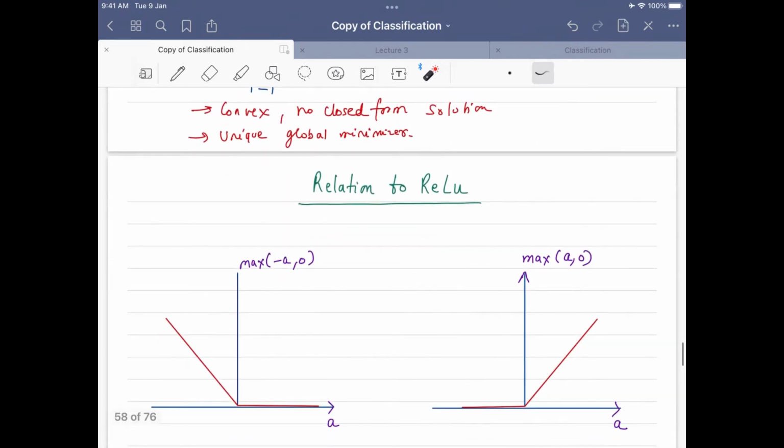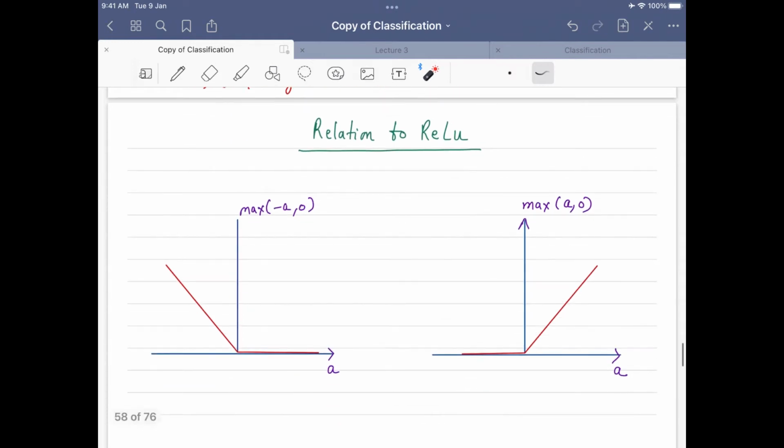I don't know whether you know it or not, but this ReLU expression is normally called max of a comma 0. ReLU is a term normally used in machine learning, in the deep learning area, and it is defined using max of a comma 0.